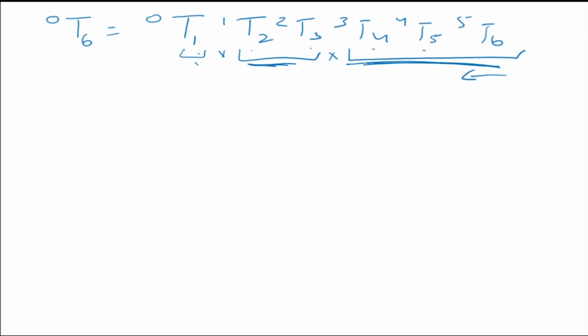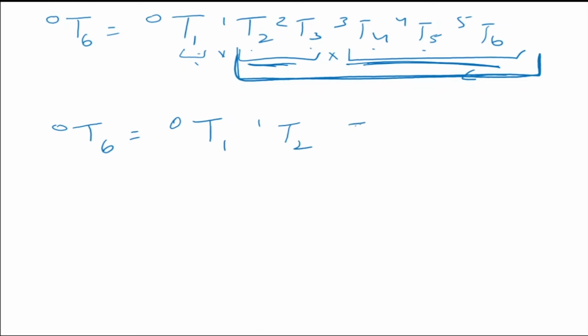So we are going to multiply in a particular sequence, and then we are going to observe some interesting properties. Now what it basically means, if you look in terms of variables, is T0 to 6, T0 to 1, T1 to 2, T2 to 3, T3 to 4, T4 to 5, and T5 to 6.